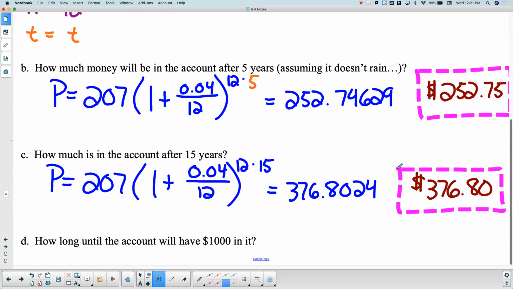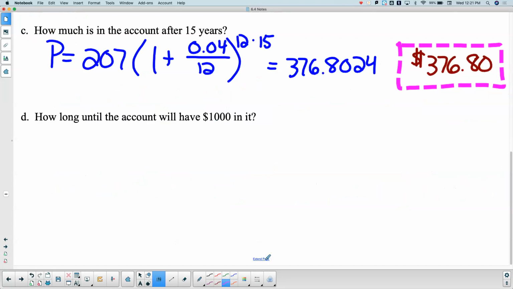Now on this one, on your calculator, you could go 207 times (1 plus (0.04 divided by 12)) raised to the power of (12 times 15). Okay. Thank you. Good? Everybody got that? Okay.